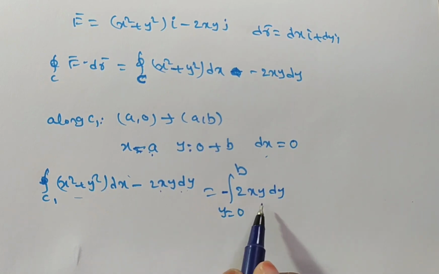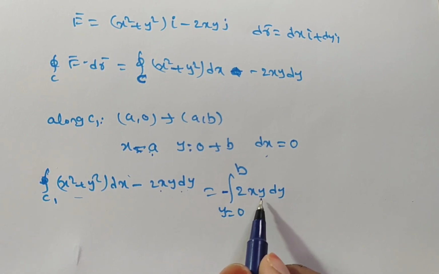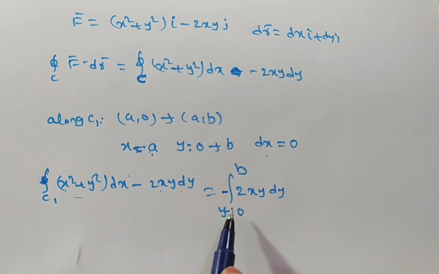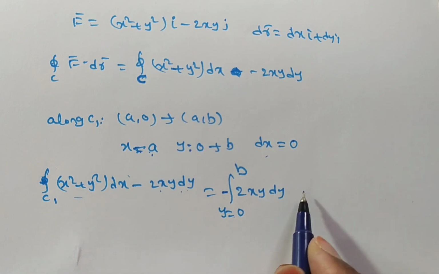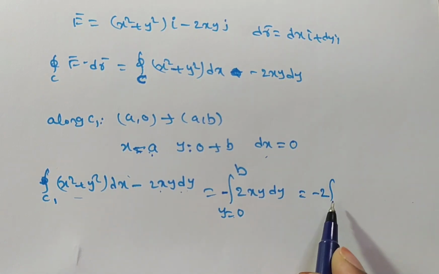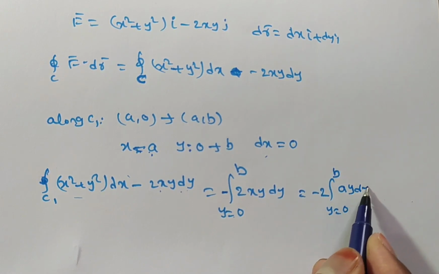Now we have to integrate with respect to y. But the integrand is containing an x term. So we have to replace the x value in terms of y or in terms of something else. But here y is equal to 0 to b, and along C1 we have x equal to a. So in this case, in place of x I can write a only. So integral 0 to b of minus 2 a y dy.